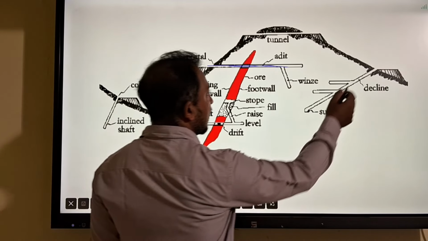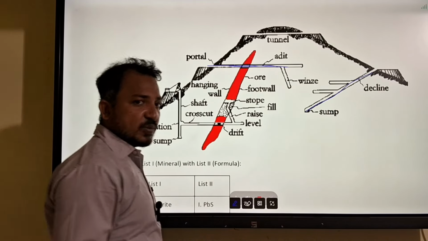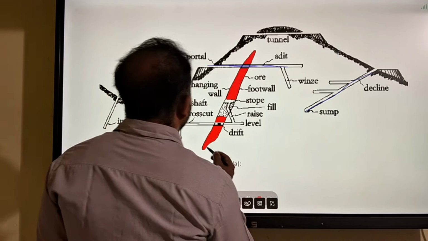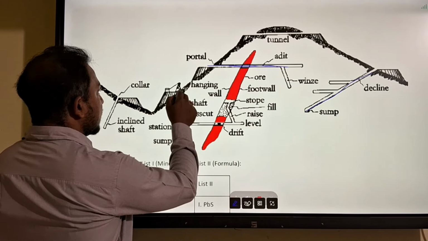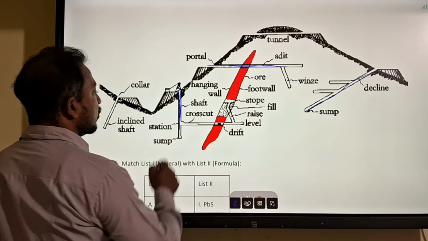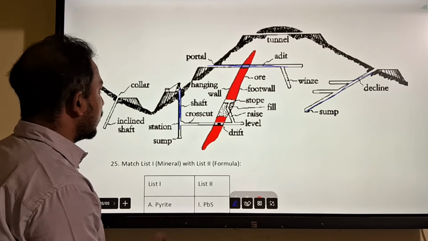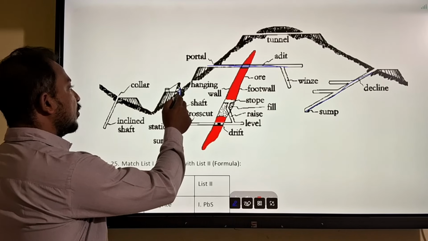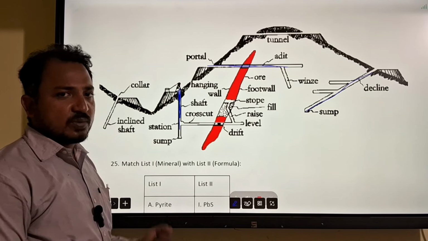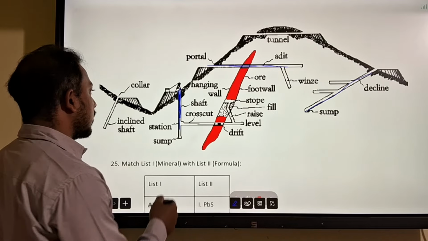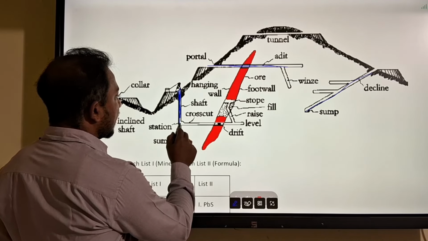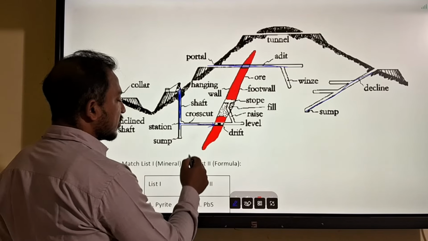The decline, these are pathways that are used for transportation of vehicles, rubber-tyred vehicles. Then shaft, it is a vertical downward opening, like a lift, used to transport laborers or other human beings. Then from the shaft you will access the ore body by cross cut.